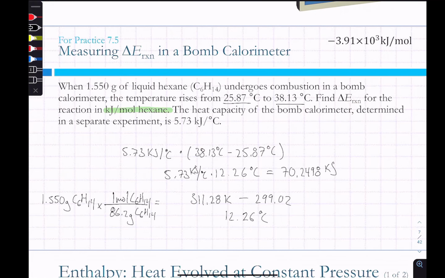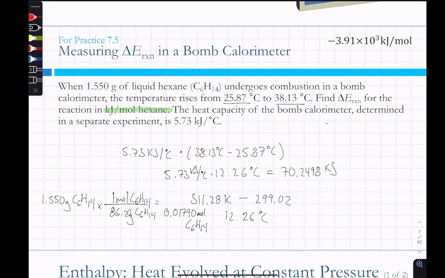I think I left off some precision here. And then that's going to be 0.0174 moles of hexane.